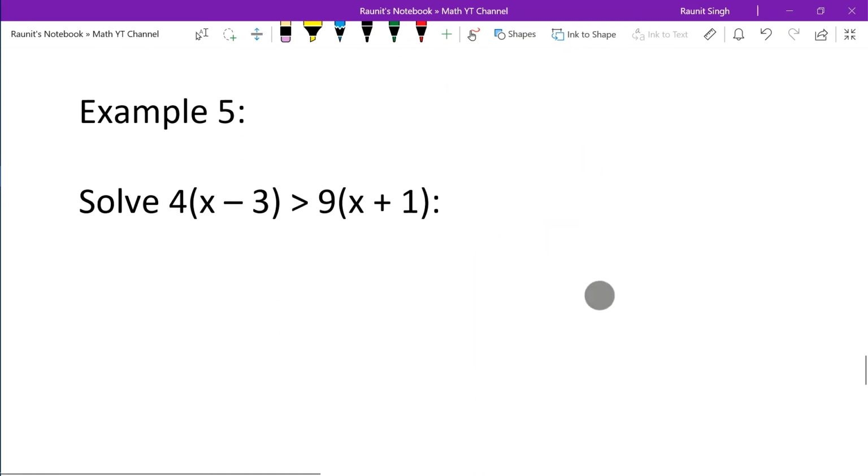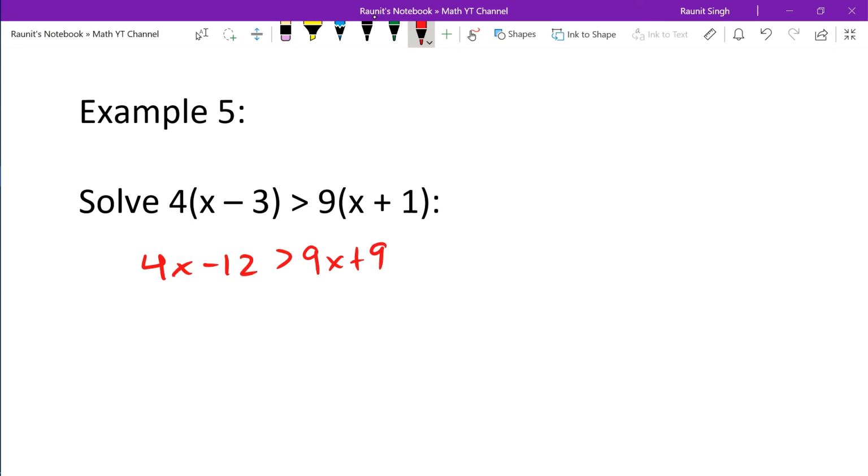Okay, so next example. We have 4 times (x minus 3) is greater than 9 times (x plus 1). We're going to use the distributive property and simplify both sides. So we have 4x minus 12 is greater than 9x plus 9.